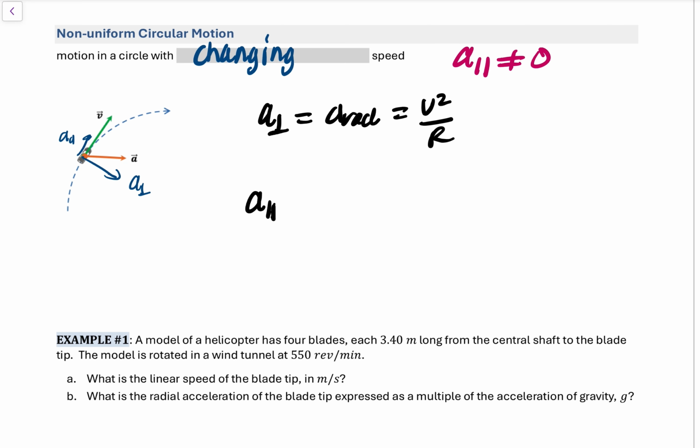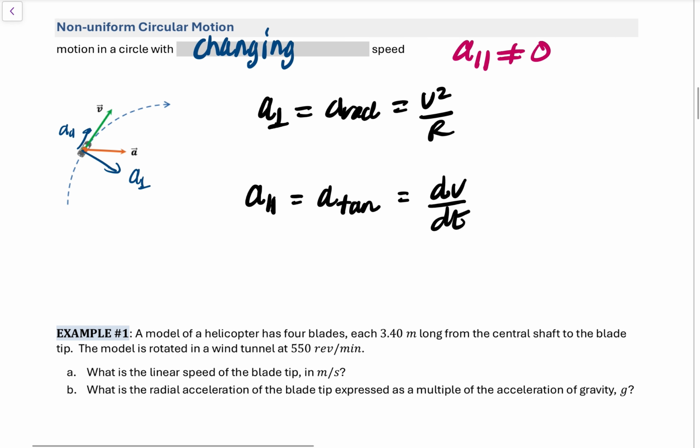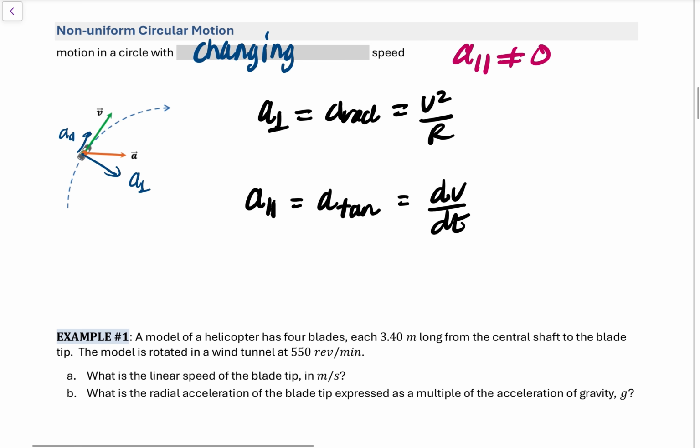A parallel is the acceleration that we've already been working with through the first part of the semester. Sometimes we call this a tan, a tangent, aligned along that velocity vector. And this is just dv dt, the same linear type of acceleration that we've already been working with.